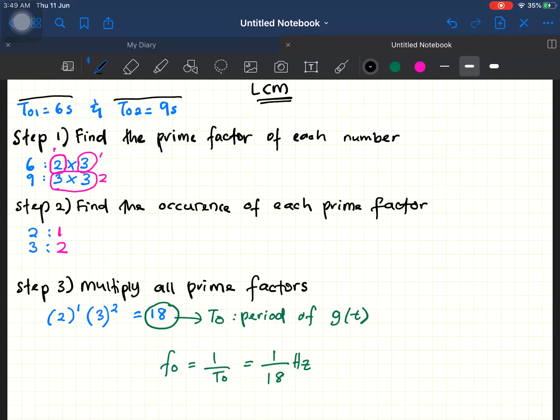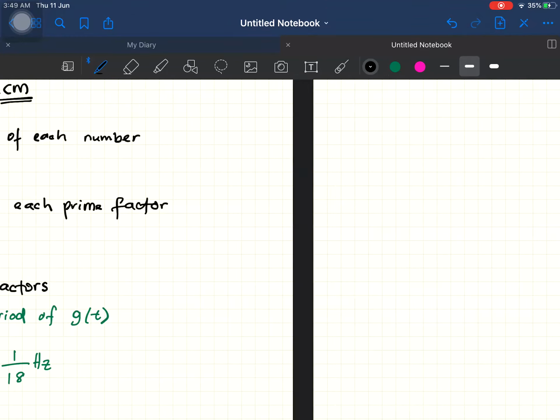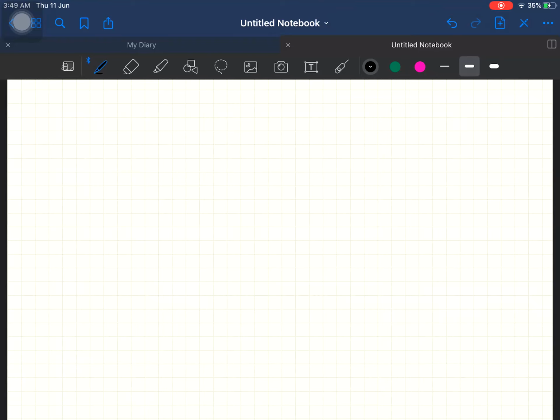Now this example is easy because these two numbers, T naught 1 and T naught 2, are integers. If you have non-integer numbers, for example, let's say you have 3 numbers like this: T naught 1 equals 2 over pi, T naught 2 equals 3 over 2 pi, and T naught 3 equals 5 over 7 pi.